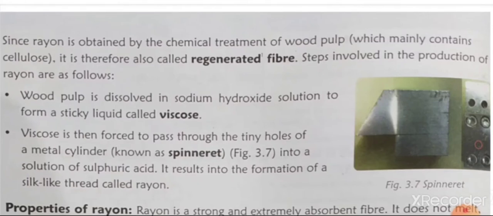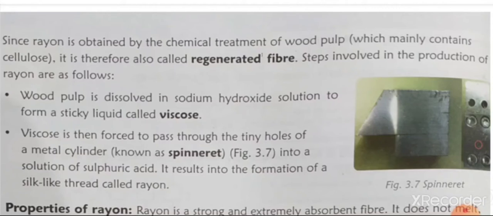We are going through the chemical process of wood pulp. We will see in the first and second point. Wood pulp is dissolved in sodium hydroxide NaOH solution to form a sticky liquid that is known as viscose.